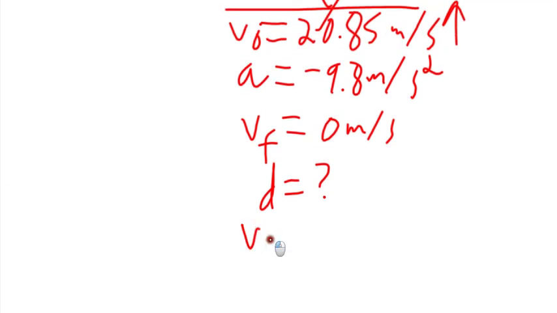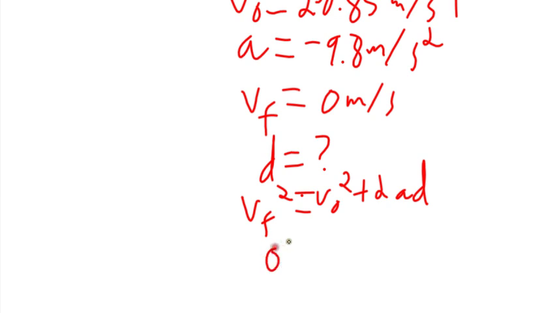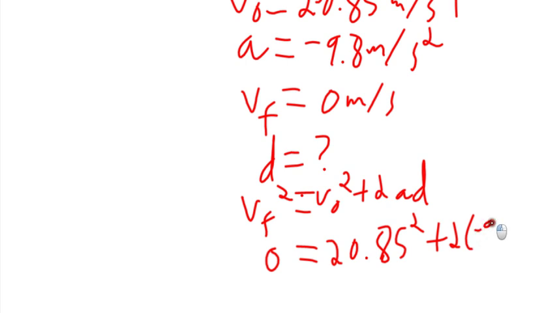So we have VF squared is equal to V naught squared plus 2AD. And we know our VF is 0. So 0 squared equals 0. And that's going to be equal to 20.85 squared plus 2 times negative 9.8 times d.